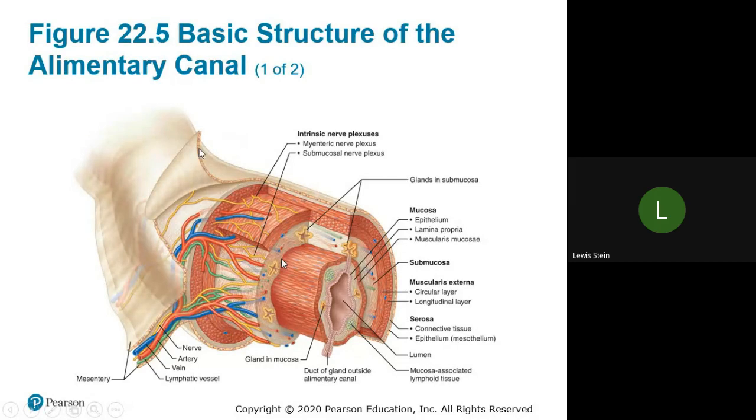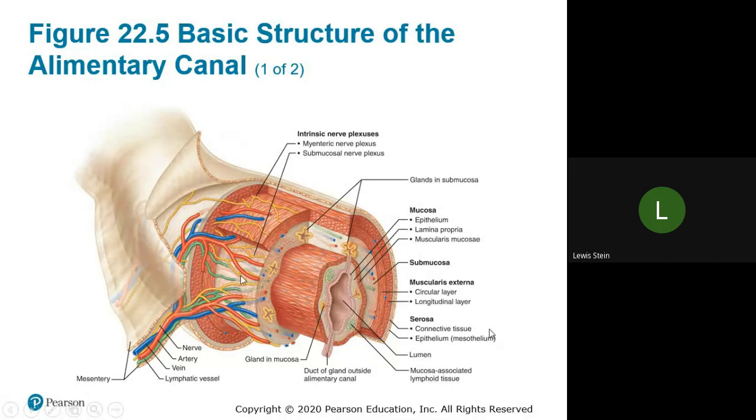And so, in the submucosa, all the supportive, beg your pardon, the submucosal layer here, there are a lot of supportive structures, and interestingly enough, nerve supply. We call it an enteric system, a gut brain.